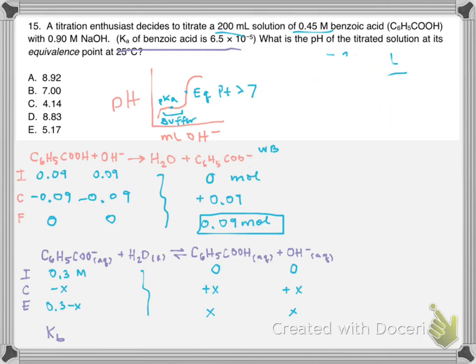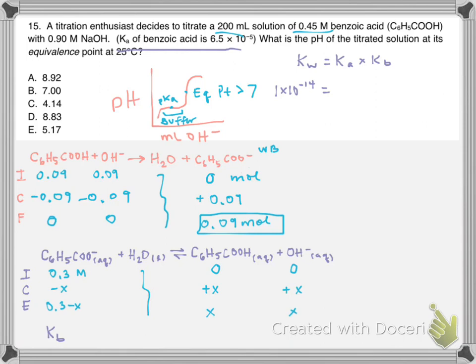So if we're going to convert between Ka for a weak acid and Kb for its conjugate, we're going to have to use the equation where Kw equals Ka times Kb. We're at 25 degrees Celsius, so we can say Kw equals 1 times 10 to the negative 14.